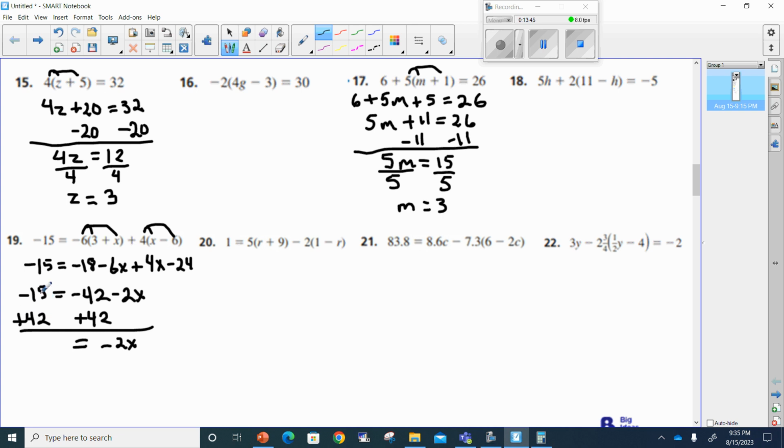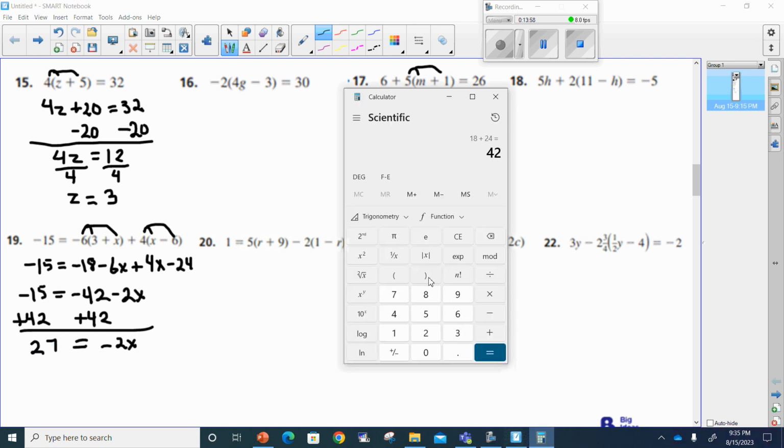This is 42 minus 15, because it's big number minus small number. This will give me a 7, and I believe a 2. I'm going to double check my calculator again. 42 minus 15 does give me 27, and the bigger number is positive.